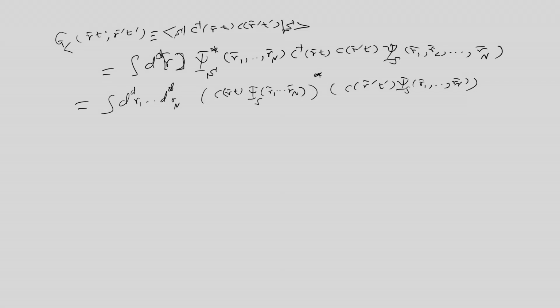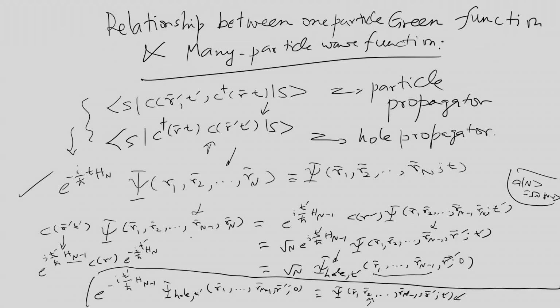Notice that I have first taken the trouble to explain to you what this object, which is the annihilation of a particle with well defined statistics at a time t dash at position r dash, is when it acts on a given many body wave function. So, I have told you what that is. That is basically this object called the whole wave function parametrized by r dash and t dash.